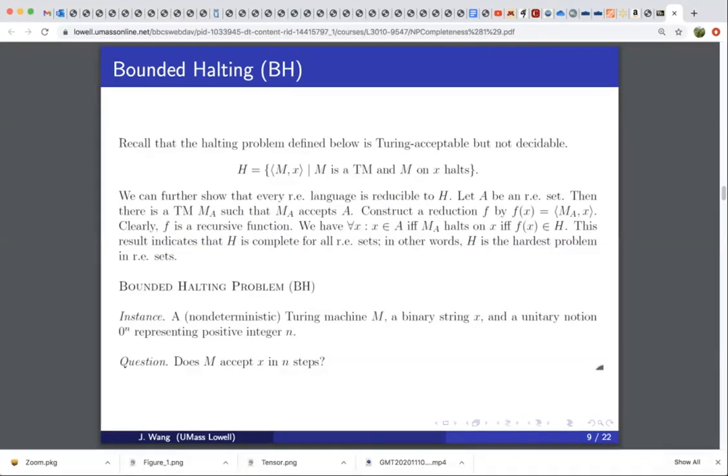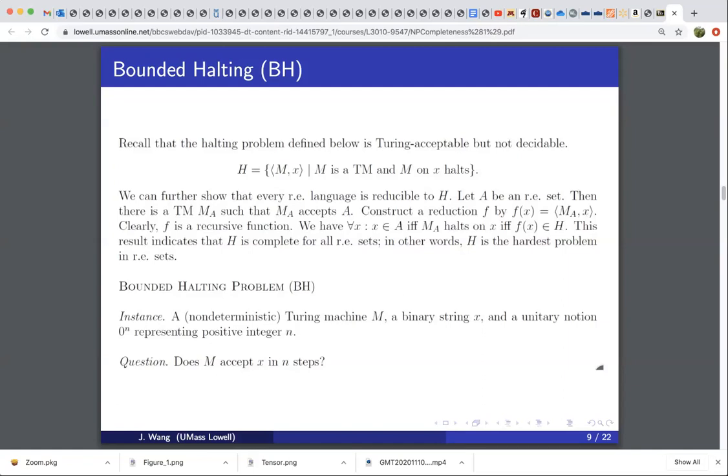And I believe the proofs presented here are much, much simpler than the ones you have in your book. So please just try to focus on this. You don't have this in your book.